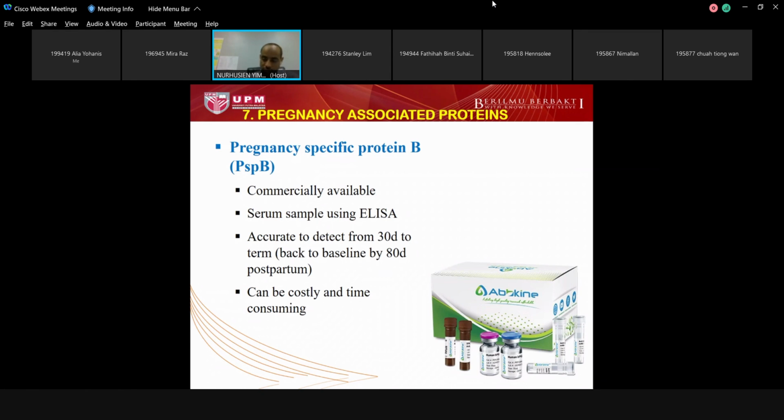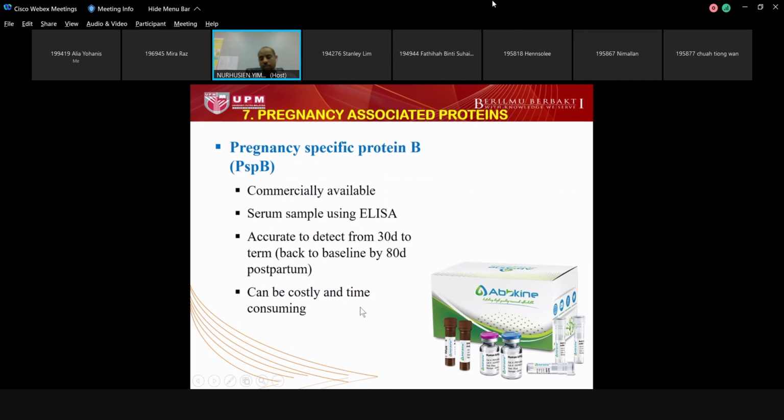So by then, around day 80, we expect the progesterone level to be high. But at that time, we also expect this pregnancy-specific protein B to be high, so it's going to be a false positive test if the cow is not pregnant during this time. So that is something we need to take into account.